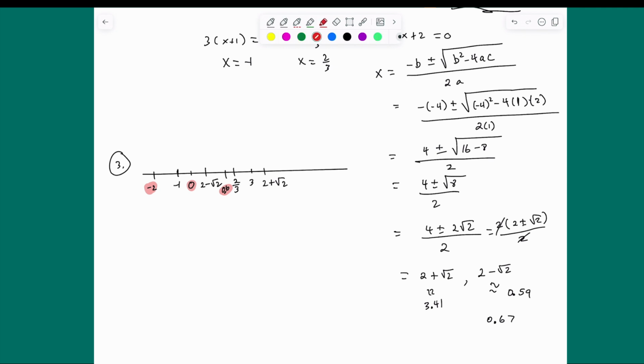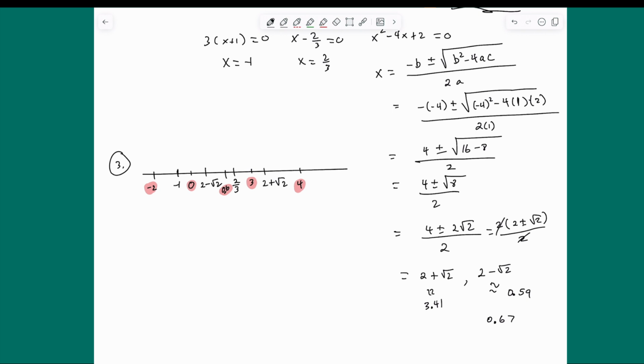And then something larger than 2 plus root 2. So 2 plus root 2 is about 3.41. Let's take the 4. Kind of got distracted there. Okay, so those are our test values.